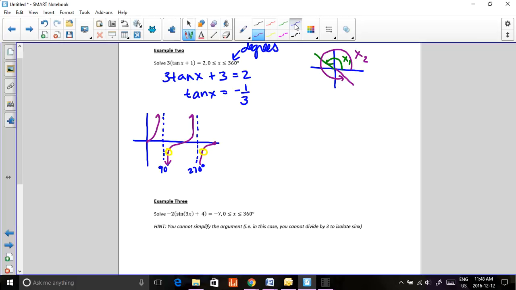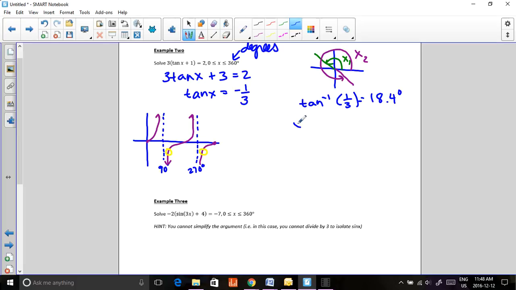Now we have to find a related acute angle, so the inverse tan of +1/3. We use the calculator in degrees, because the question is in degrees. 1/3 is not from a special triangle, so we just use our calculator, and that spits out 18.4 degrees.